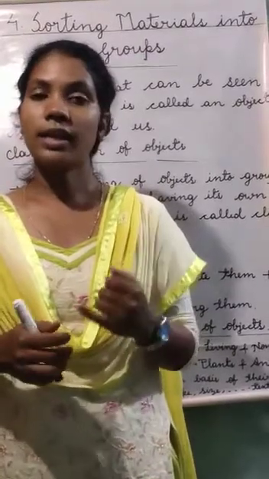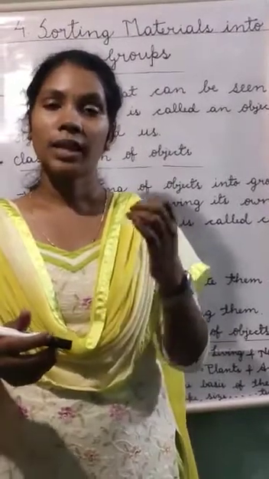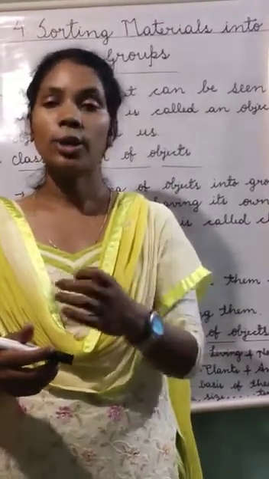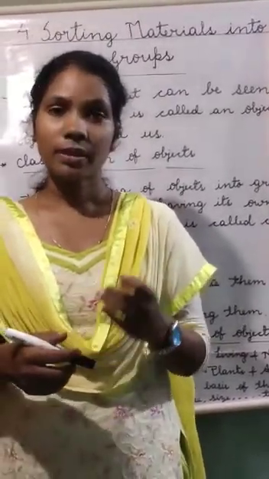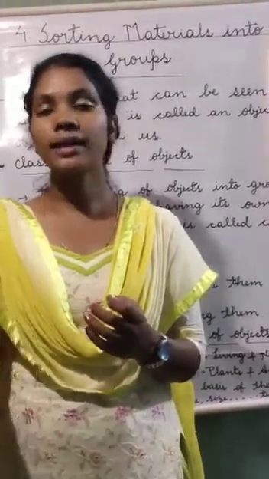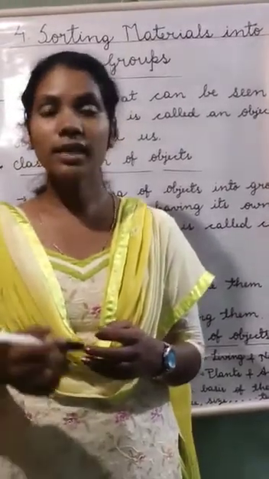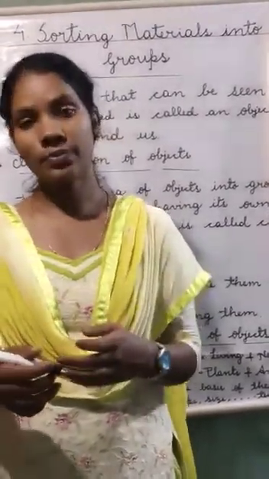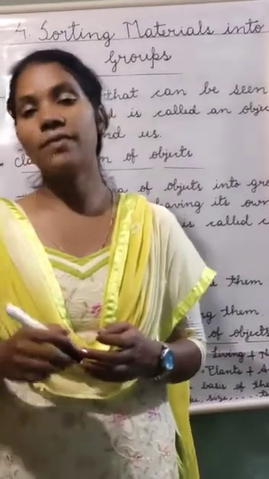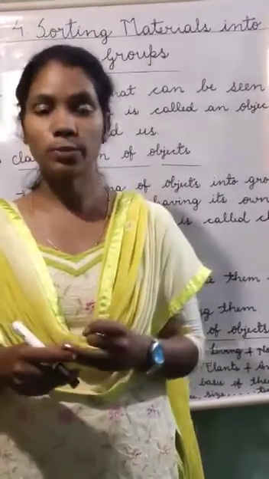So first one, let's see classification of objects as living and non-living. Living things require food, water and air for their survival, whereas non-living things do not require all this. Based on this difference, objects are classified into two main groups.